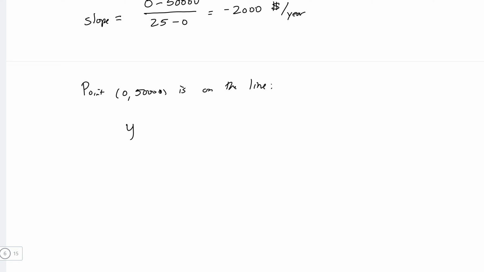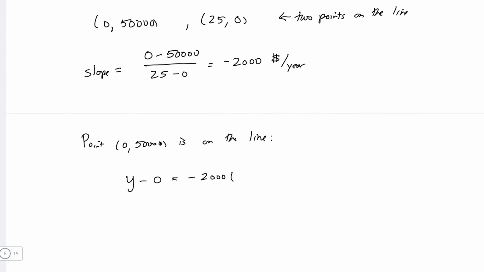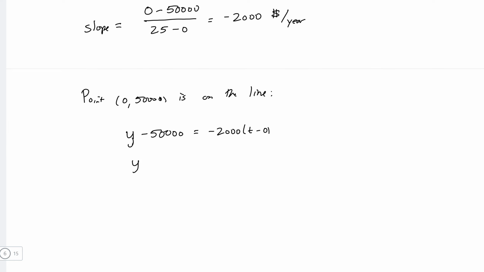So then our equation for the line is y minus 50,000 equals minus 2,000 times t minus 0. So solving for y, this is minus 2,000 t plus 50,000. Okay, so this here is my f of t.